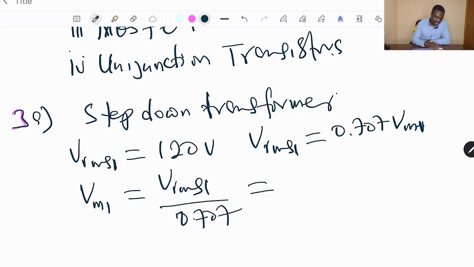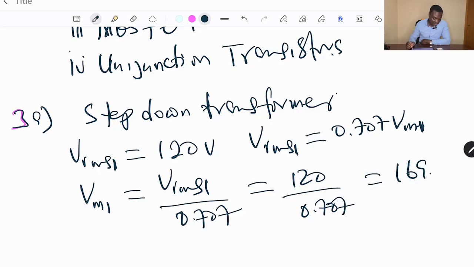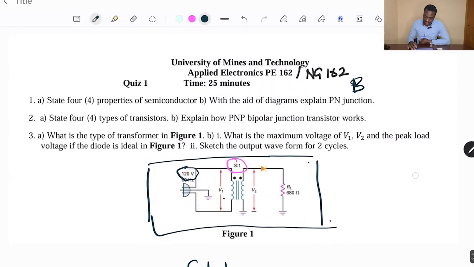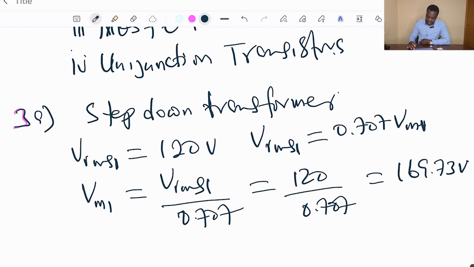So we get 120 divided by 0.707, which gives 169.73 volts. So this is what we get for V1. Now let's get V2.